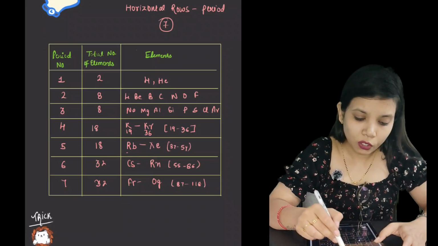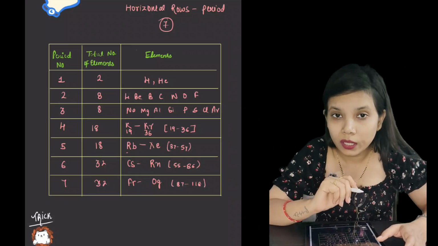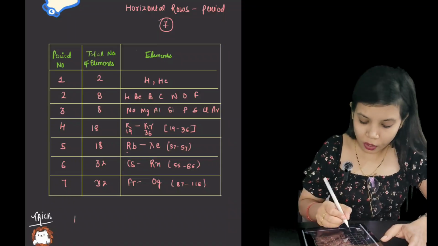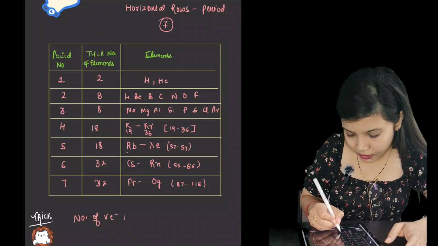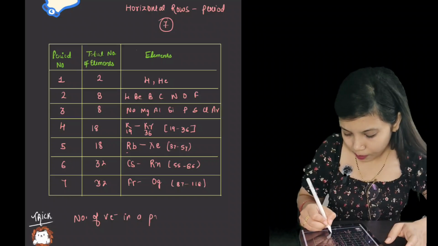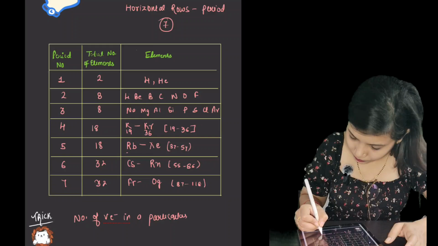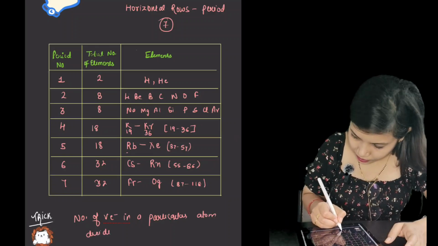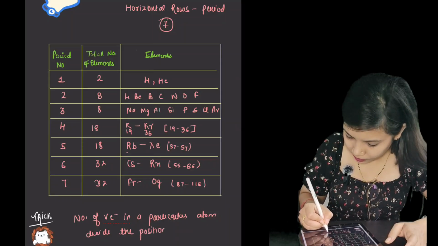Now one of the important properties, or one of the important things, is the number of valence electrons. The number of valence electrons in a particular atom decides its position in the periodic table.